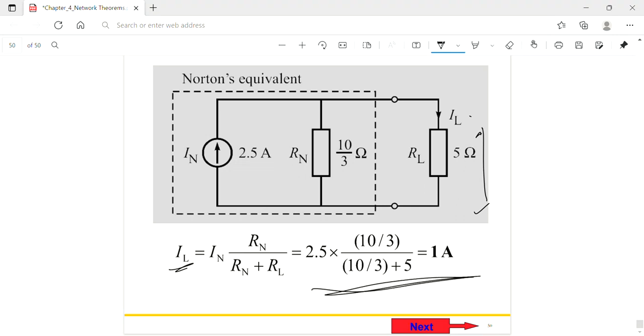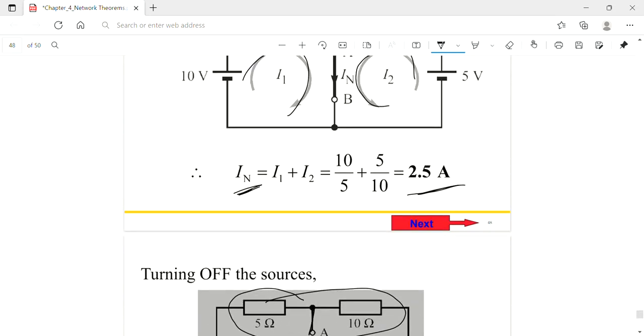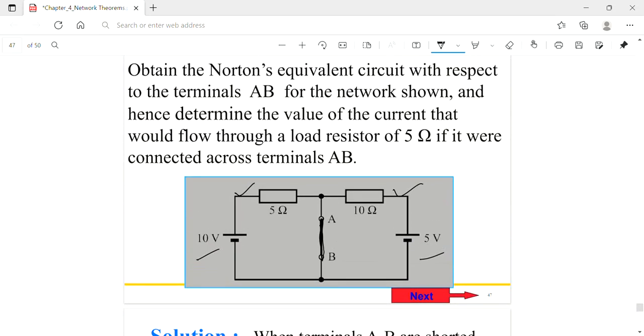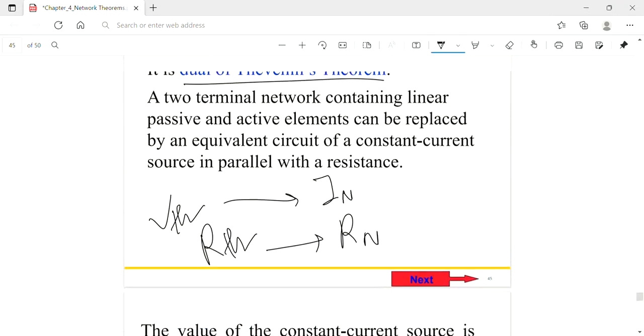So the basic difference between Norton's and Thevenin's theorem is that in Thevenin's theorem we use the voltage sources and calculate the Thevenin's voltage, and in Norton's theorem we use the current sources and calculate the Norton's current.